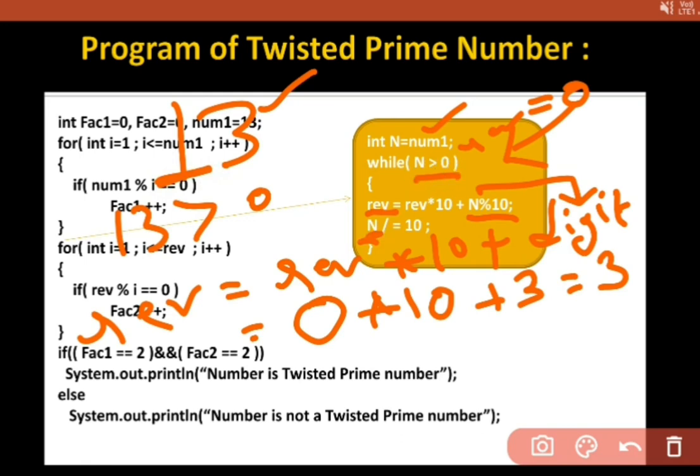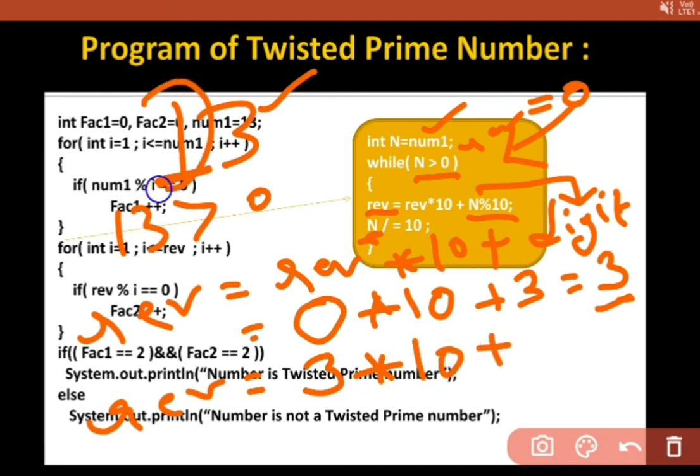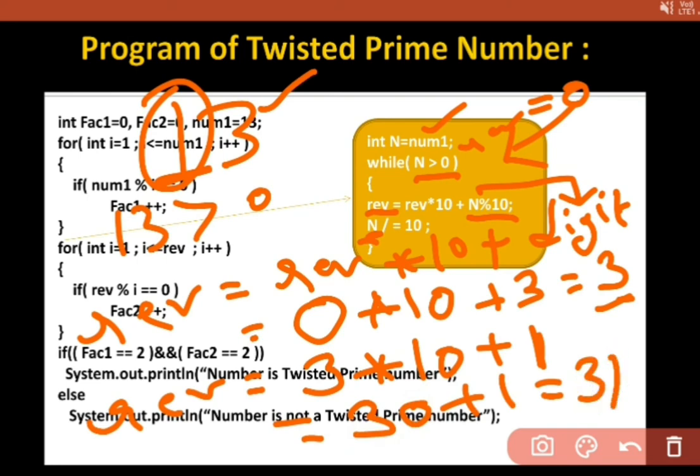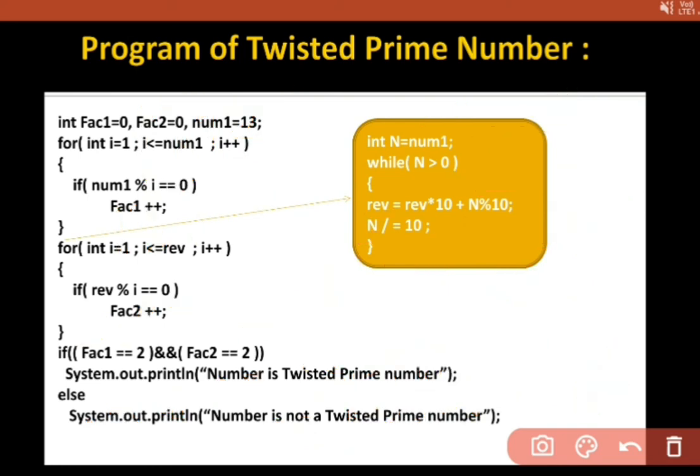Is 1 greater than 0? Yes. Then REV is equal to REV into 10 plus the last digit. REV is 3, so 3 into 10 plus the last digit. Now 1 has the last digit 1 only. Means 30 plus 1, that is 31. In this way, we get the reverse.